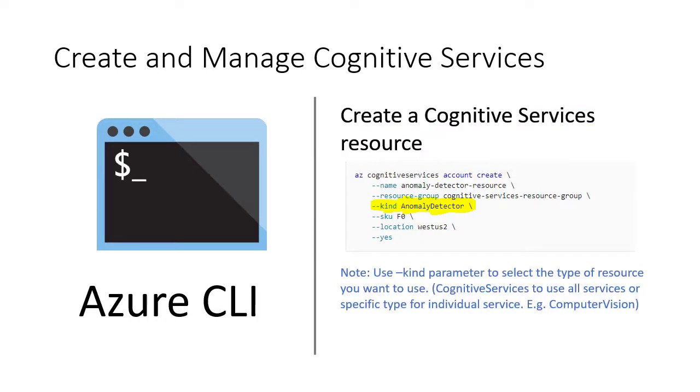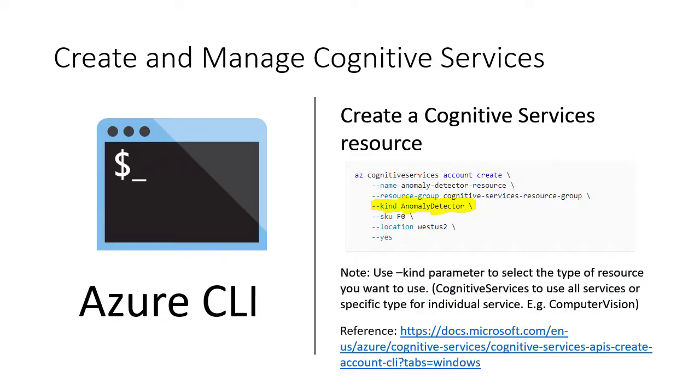As you can see in the image, you start your command with the az keyword, and then you specify the type of service you want to manage, in this case cognitive services, and then you specify the type of resource to run the command, in this case an account, and then the verb, in this case create, since we want to create a new account. Then you specify the name, the resource group, the kind of service you want to use, the pricing tier or SKU, and the location where you want to create the resource.